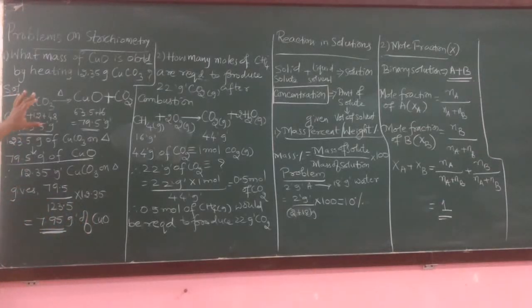So the mass of copper carbonate is given and you have found the mass of copper oxide, which is one of the products formed.